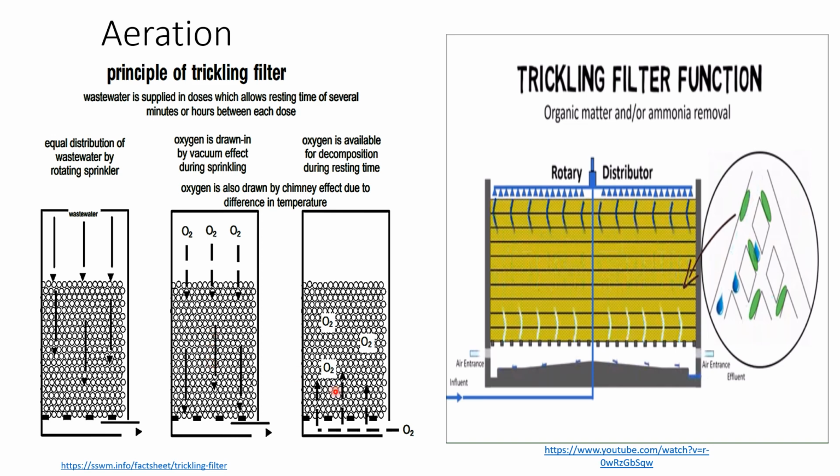The oxygen is pulled out of the system. So overall, the aeration in the trickling filter is by passive diffusion. Due to this aeration and the sprinkling of the wastewater, the movement of the wastewater in the media and the flow of air give proper water-air mixing in the trickling filter.